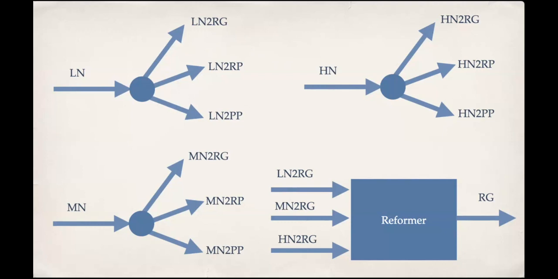For medium naphtha, the reformer takes MN2RG, and the last one, HN2RG, heavy naphtha to RG. And the reformer produces only one product, reformed gasoline.